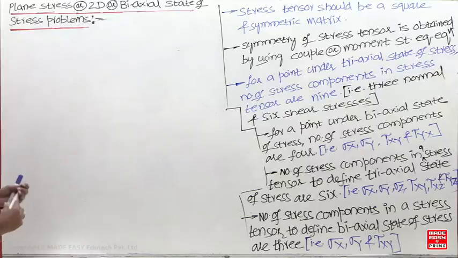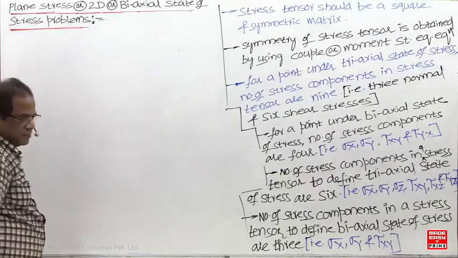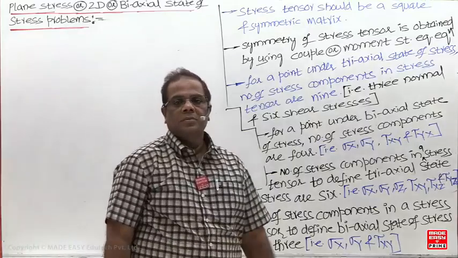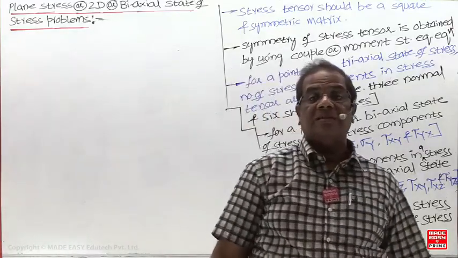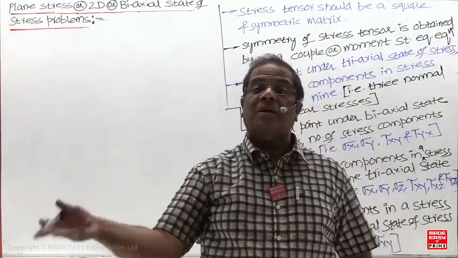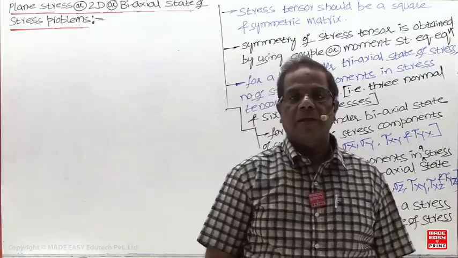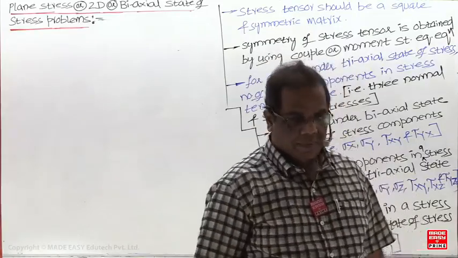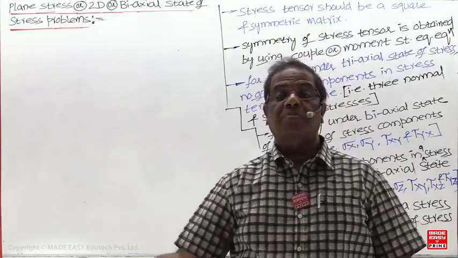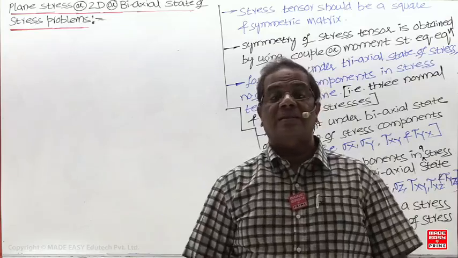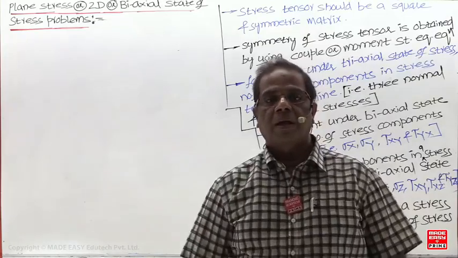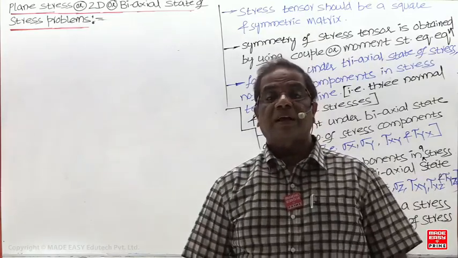Plane stress, or 2D, or biaxial state of stress problems. Sometimes a triaxial state of stress problem is also assumed as a biaxial state of stress problem. But what is the condition now?